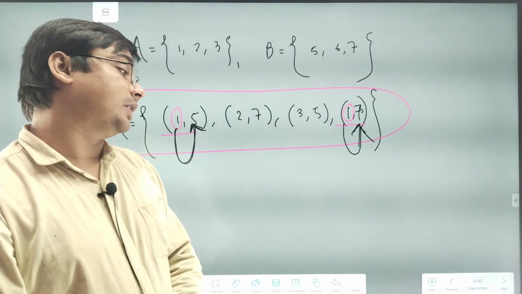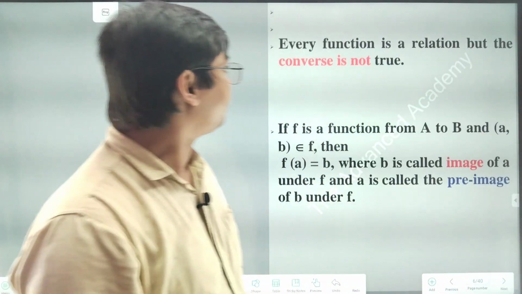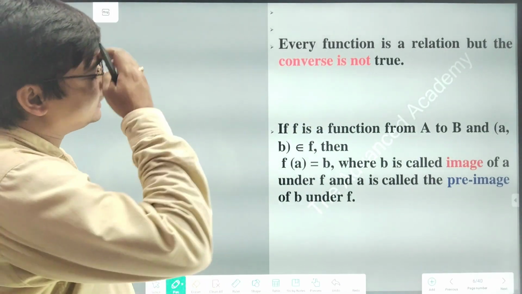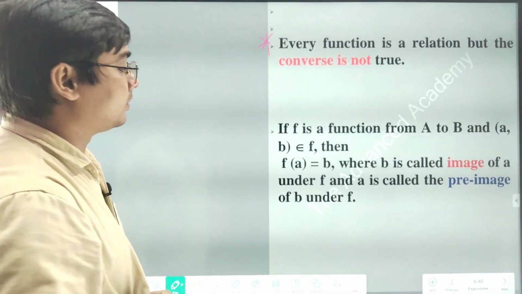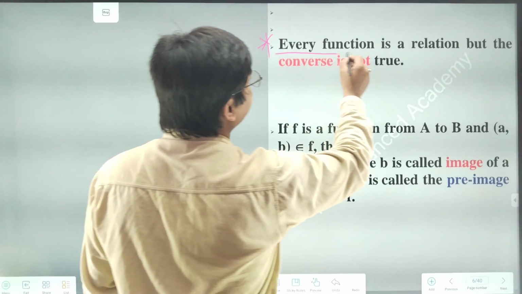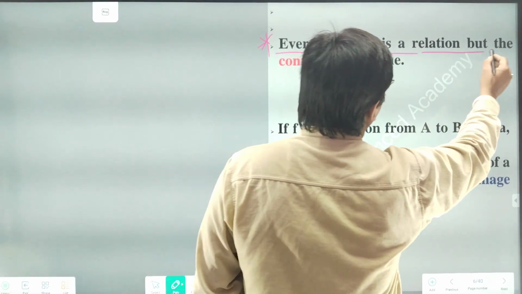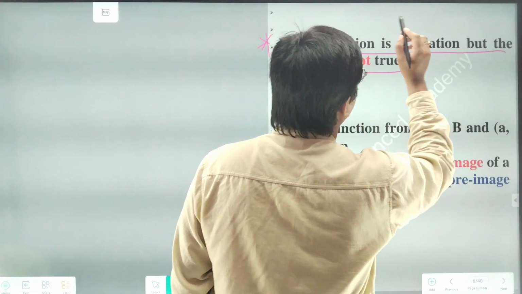Is it clear guys? Okay, so now there are some important notes also. Every function is a relation but the converse is not true.